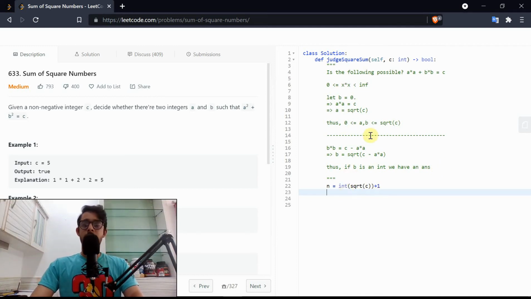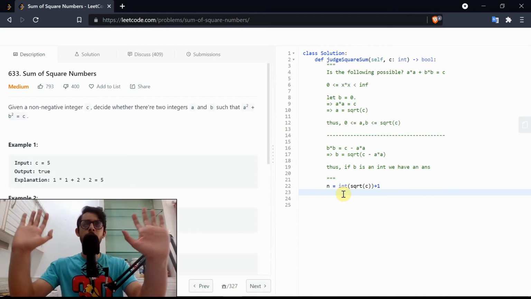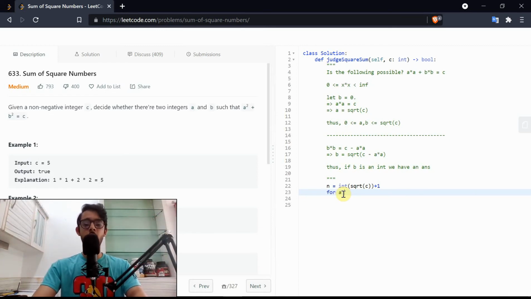Anyways, now with that in hand, what can we look at? We've figured out the maximum and the minimum possible ranges for both a and b. What's the next obvious step? Enumerate everything. Enumerate all the possible combinations. Go for all a in range of n and for all b in range of n again.